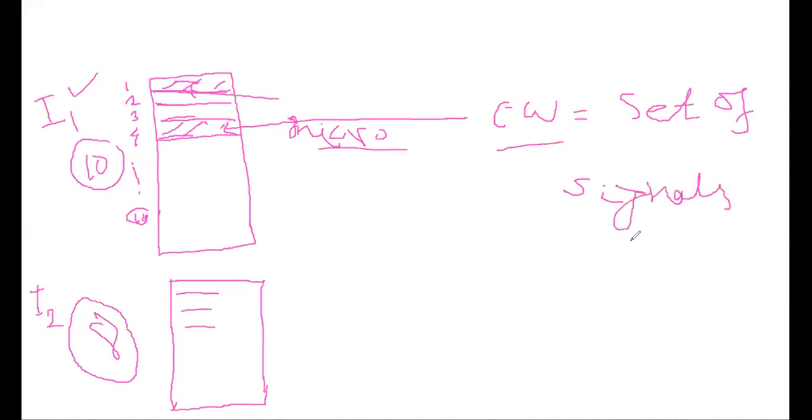You remember all this. So instruction I1 has 10 micro operations. Each and every micro operation has a control word, and they are generating a set of signals.